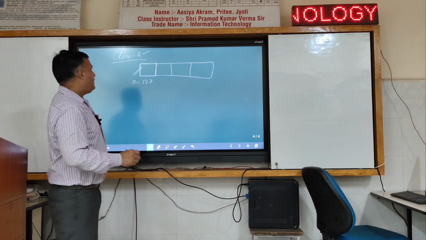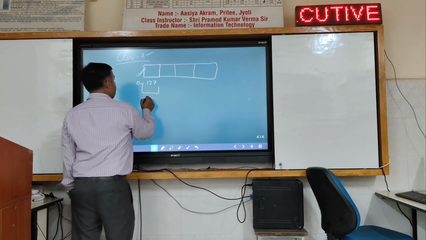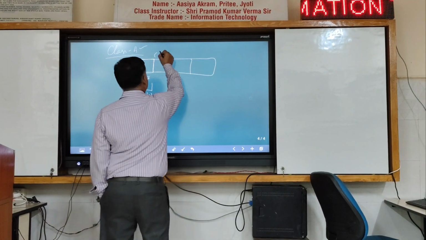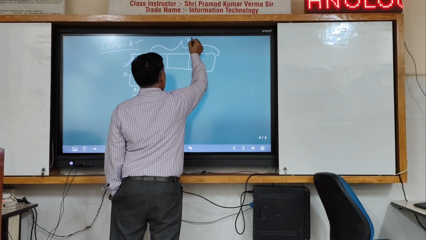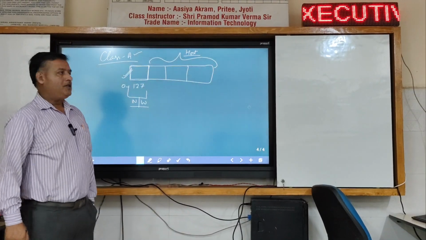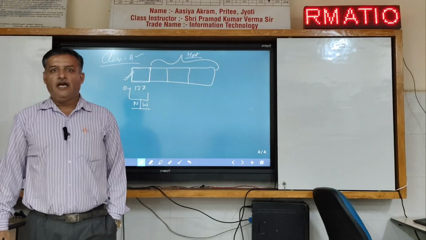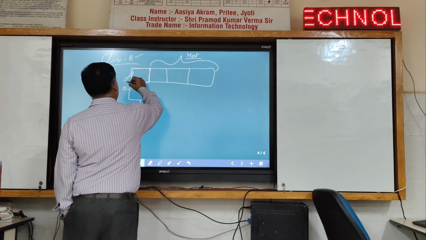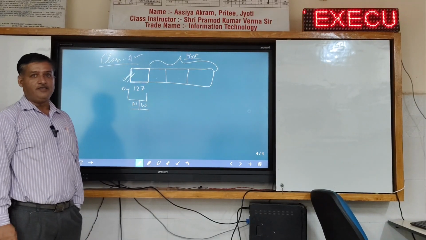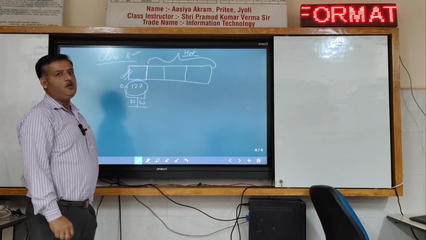In class A, the first octet was the computer network octet. The rest of them were the host or computer addressing system. These 3 octets were designated for representing the host, and the first octet was designated for the computer network itself, and its limit was only 0 to 127.